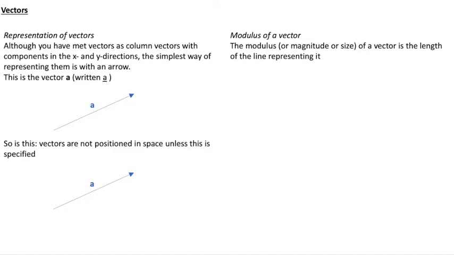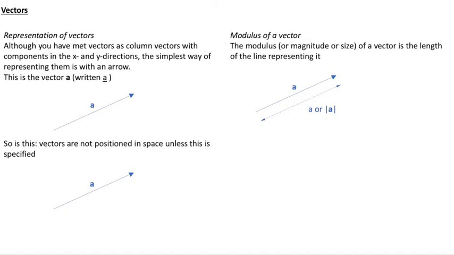The modulus of a vector, so this is the size of it. Remember, vectors have size and direction. So when we're representing them with arrows, the magnitude or size or modulus is the length of the line that represents it. So this is the vector A again, and that's the length of it.